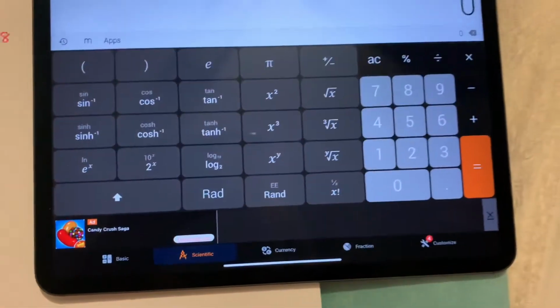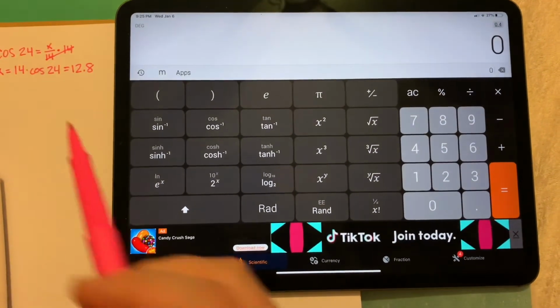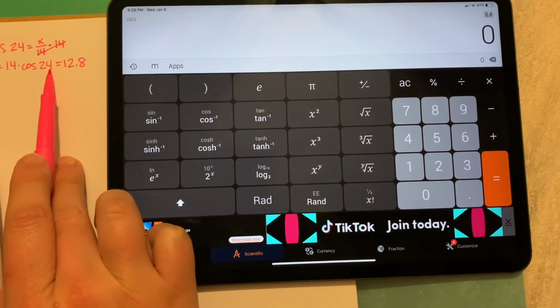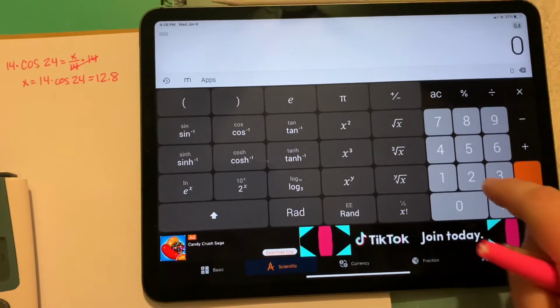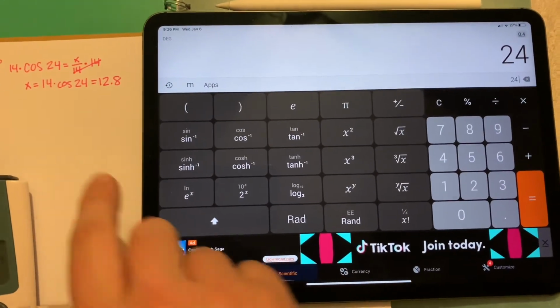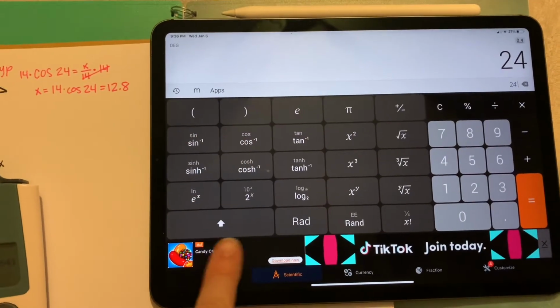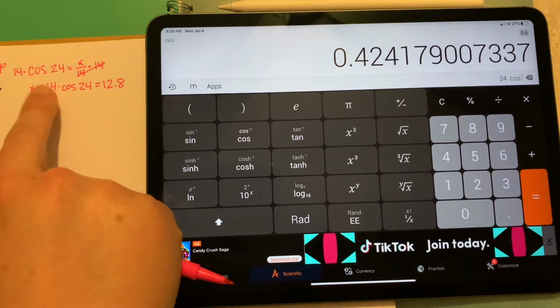If you are using the phone calculator, it's a little bit more complicated. You kind of have to enter everything backwards. So instead of doing 14 times cosine 24, you are going to work backwards. Enter 24, then cosine, then times 14.